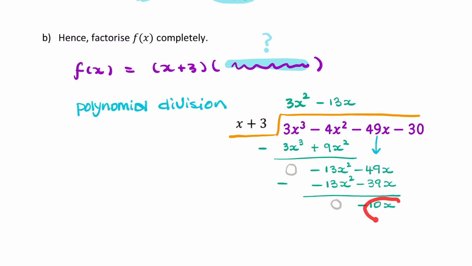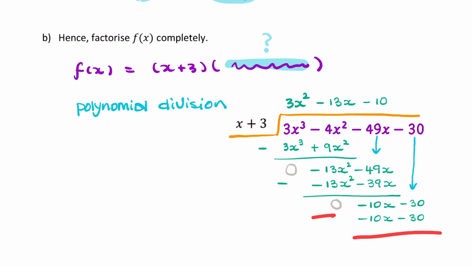Again, this is one term, whereas this is 2, so we need to bring down the negative 30. Again, we divide this by that, and that'll give you negative 10. Then you multiply, and that will give you negative 10x minus 30.